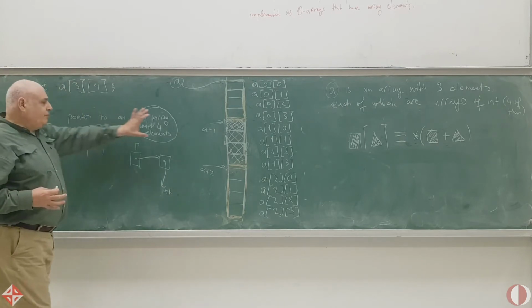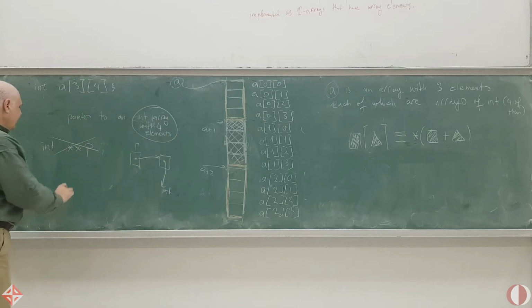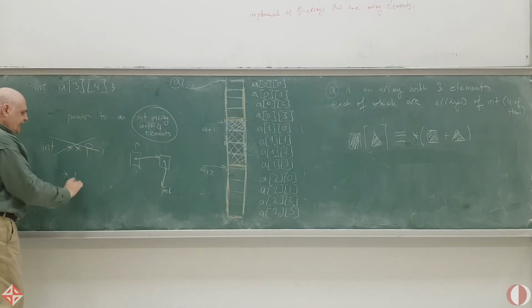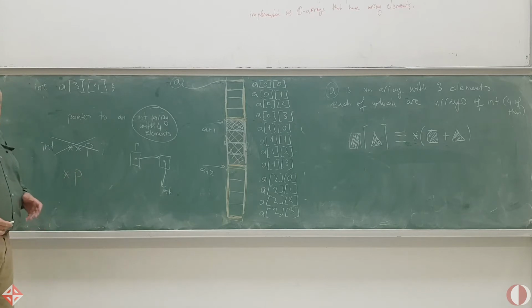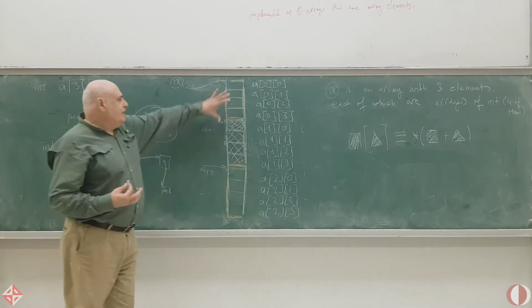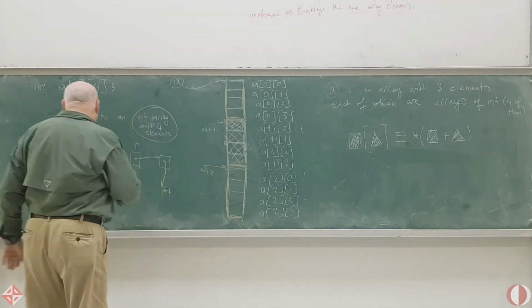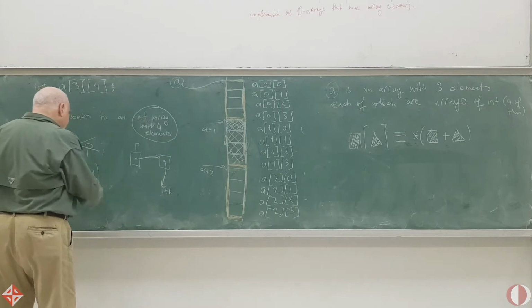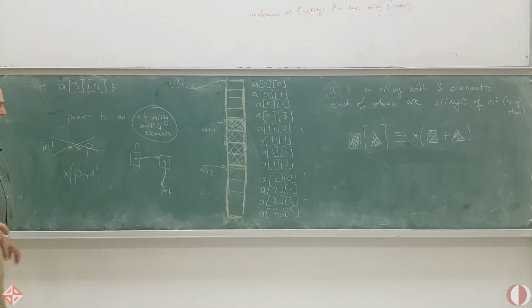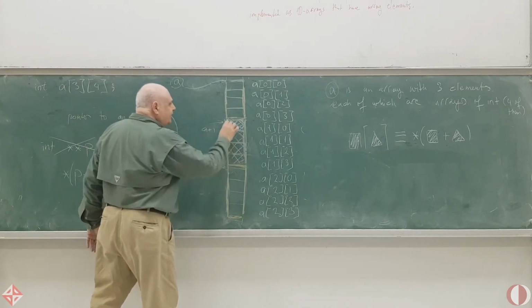I want to have something so that when I dereference P later, it becomes this element. If I increment it by 1 and dereference it, it becomes this array.